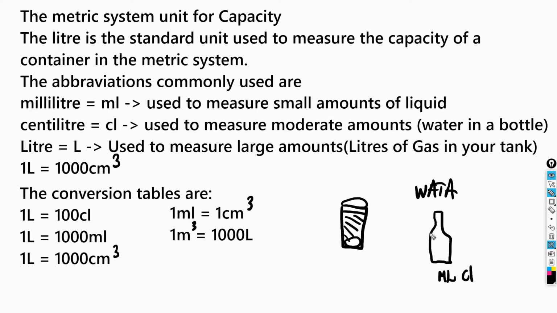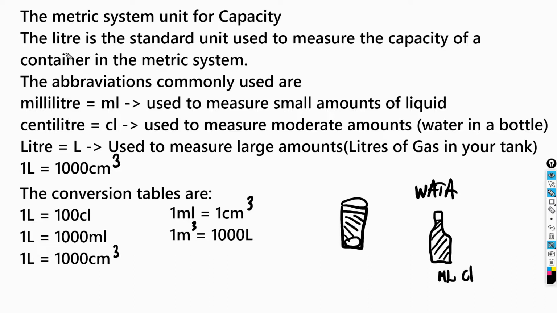It shows how much water is actually contained in this bottle. So that's what capacity is. That's the difference between capacity and volume. The volume would be the entire thing, including the outside casing of the bottle, while the capacity would be what's in the container. Okay, guys?